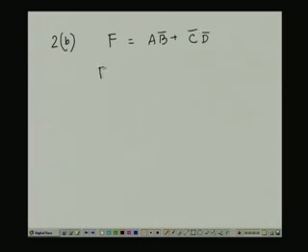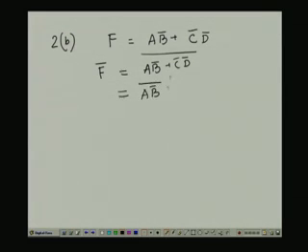Similarly, if I take the complement, then it will be the complement of (A B bar plus C bar D bar). Then this becomes the complement of A B bar, this plus will be replaced by dot, and then the complement of C bar D bar. Then this is equal to A bar, dot becomes plus, and this is B bar bar.